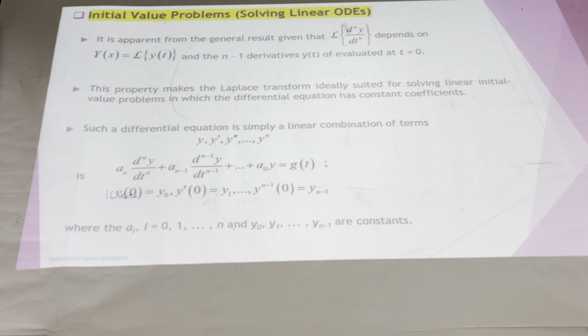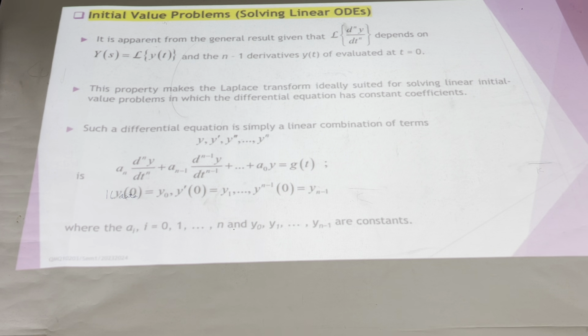Linear means the highest power of the dependent variable is 1. You cannot have y square, you cannot have sine y, cos y. That is not linear. If you have y and the derivative is y prime or y double prime, then this is a linear differential equation.